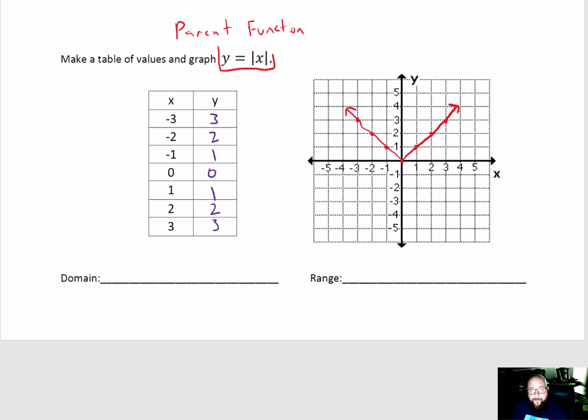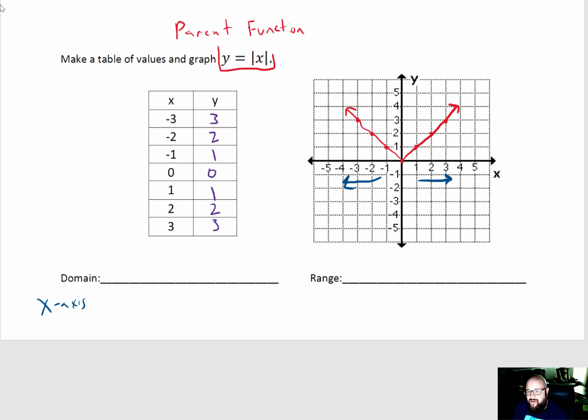Now, looking at our domain, the domain is dealing with our x-axis, right? So in that case, we're going to know how far left it's going and how far right it's going to go. Well, it looks like it's going to the left to negative infinity.